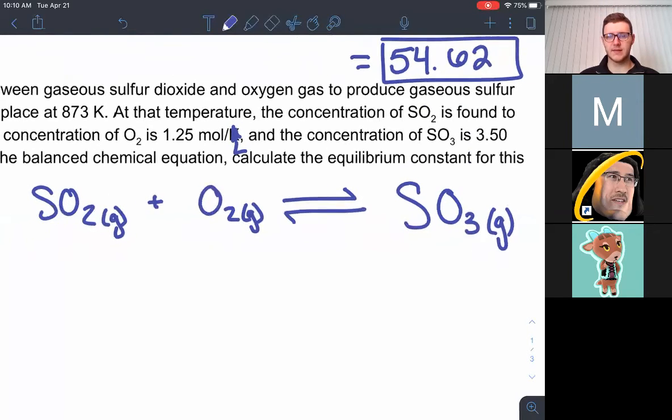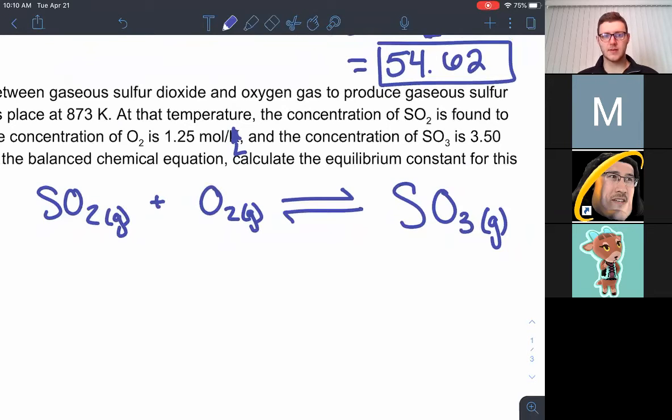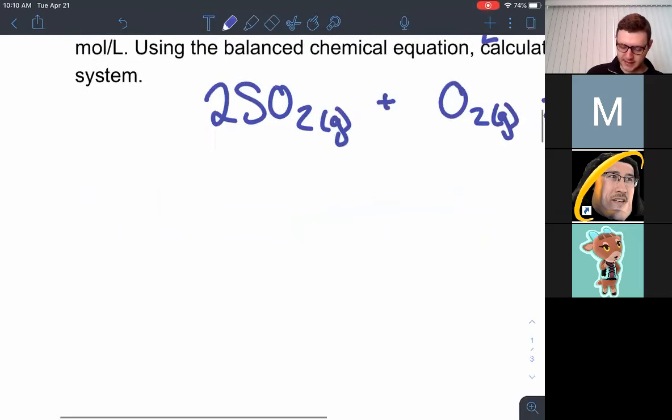Or is there a way to balance it? Perfect. So we're going to put a 2 in front of our SO2 and a 2 in front of our SO3. Now that we have our balanced equation, we can set up our equilibrium constant.